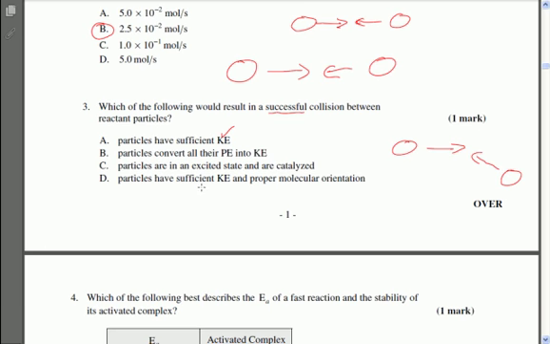So they have to have sufficient kinetic energy and the correct orientation, or sometimes we can say the correct geometry. If we have the correct geometry and enough kinetic energy, then we'll have a successful collision. Okay, so our answer should be D.